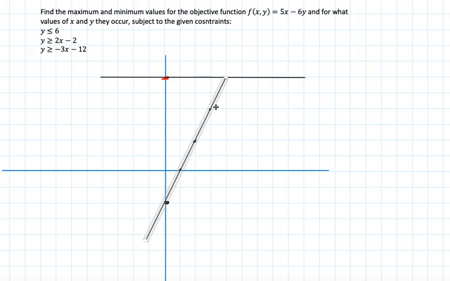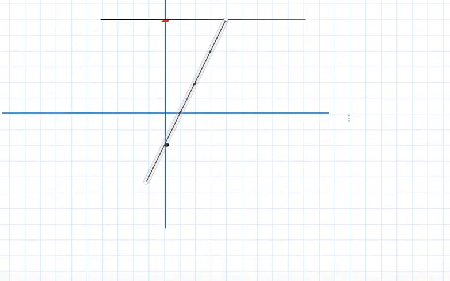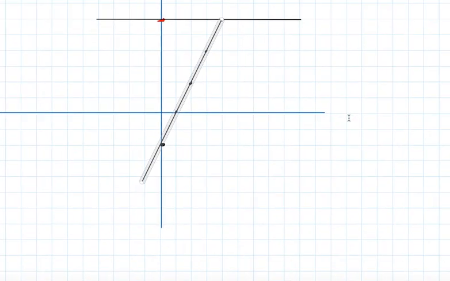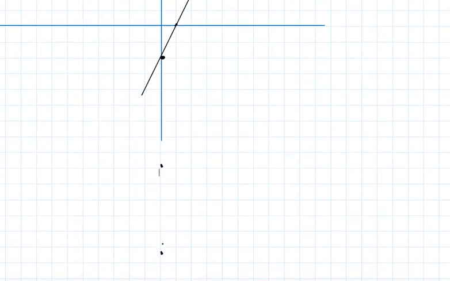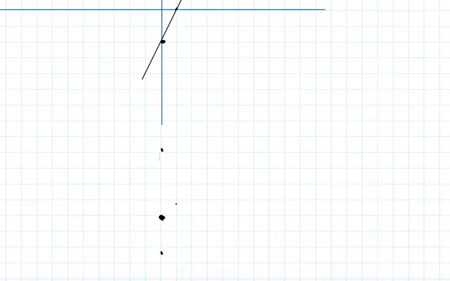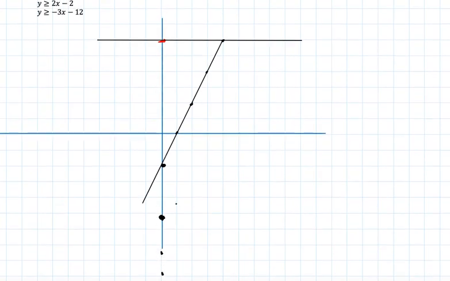And the last one, we have to go down to -12. 2, 4, 6, 8. I gotta make a little mark at 8. 10, 12, okay.